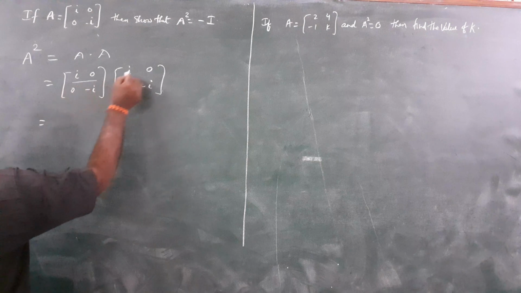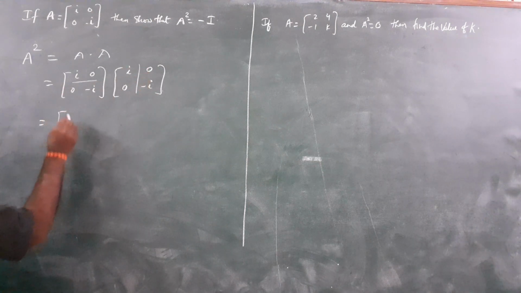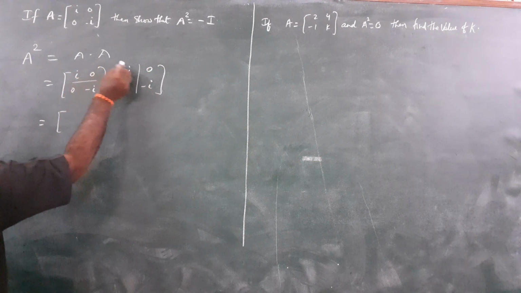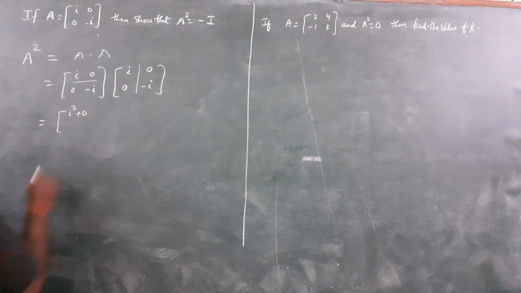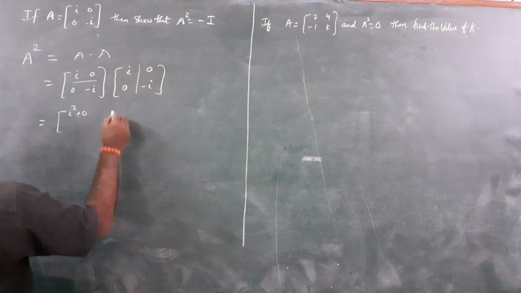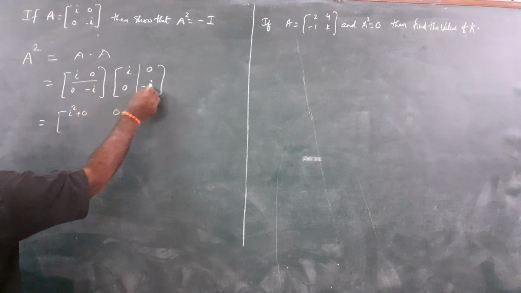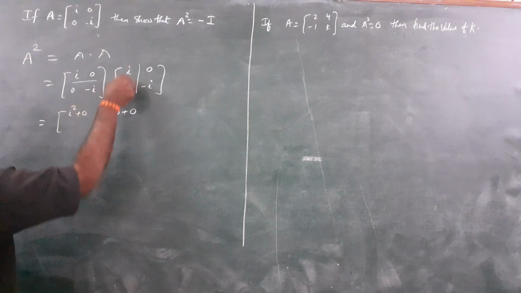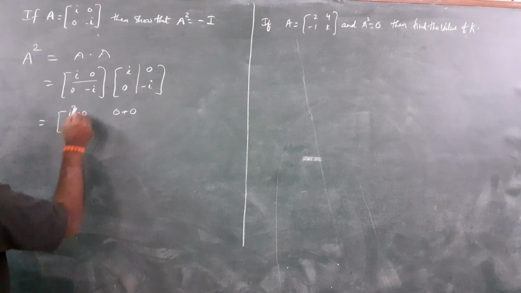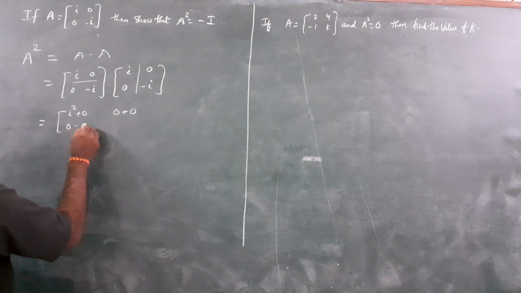So you take a row here and a column in this matrix. Then what will it be? i into i, i square, plus 0 into 0, 0. In the same way, i into 0, 0, plus 0 into -i, 0. Again, the second row: 0 into i, 0, minus i into 0, minus 0.